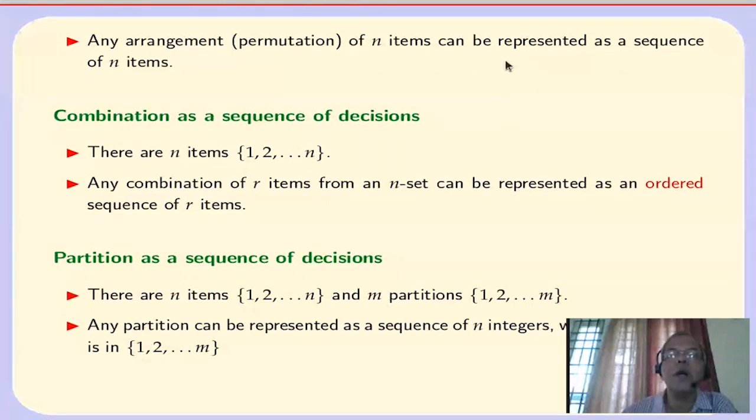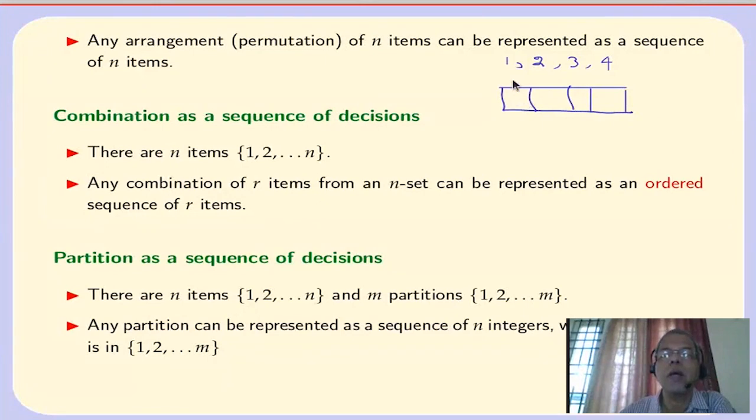Suppose there are 4 items, 1, 2, 3, 4. One can be one of the 4 values, 1, 2, 3, 4. 2 can be one of the remaining 3 values. 3 can be one of the remaining 2 values, and so on.